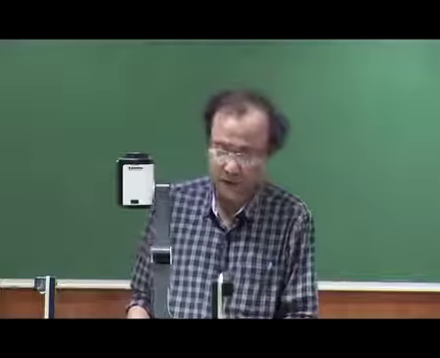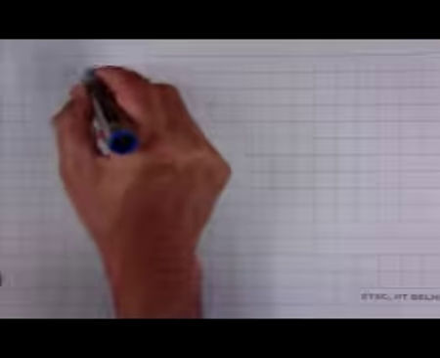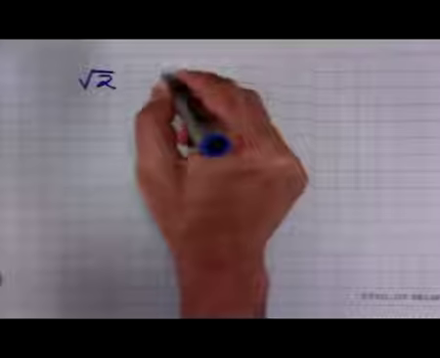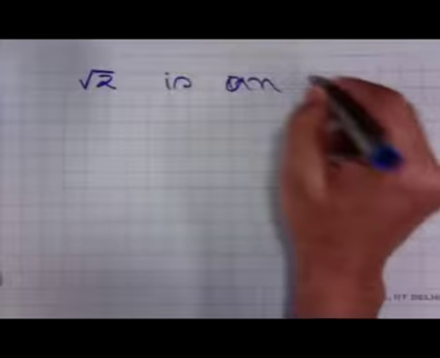Sometimes of course, it is not so simple. So, let me give you some examples. Say suppose we write: root 2 is an irrational number.